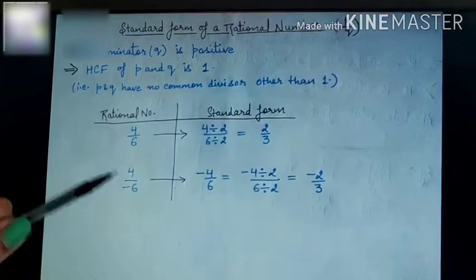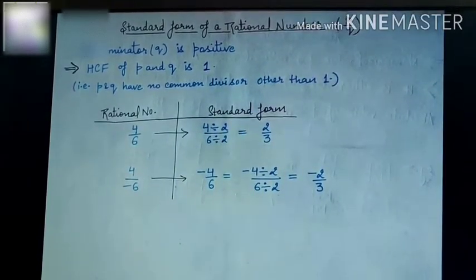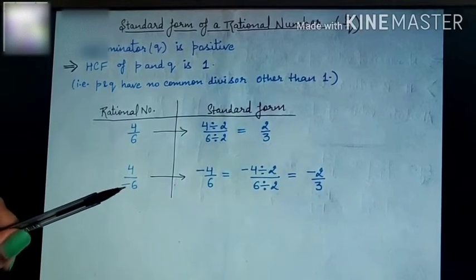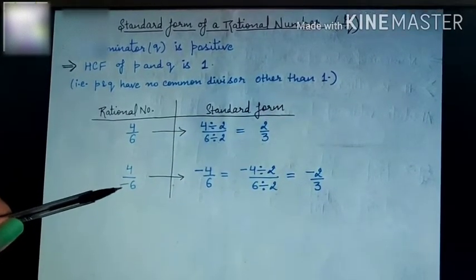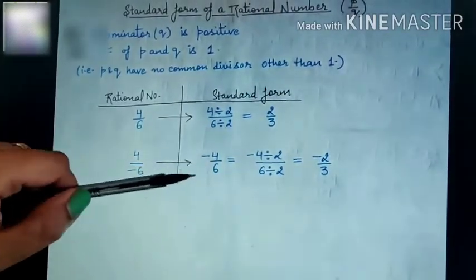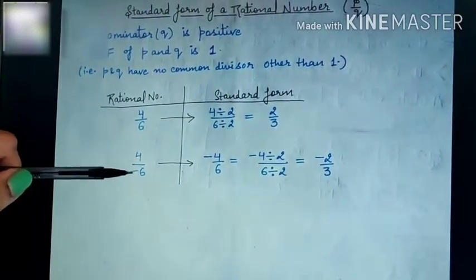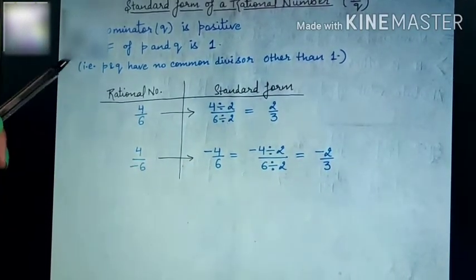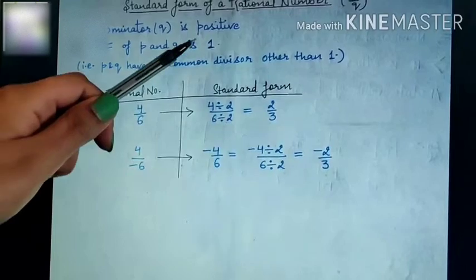Now see the next one. It is 4 upon minus 6. Again, I told you the first condition is that the denominator is always positive. Here the denominator is negative. So we will write this negative sign with the numerator, not with the denominator. So 4 will become negative and 6 will become positive. It is minus 4 upon 6. Now second condition, HCF of P and Q should be 1.